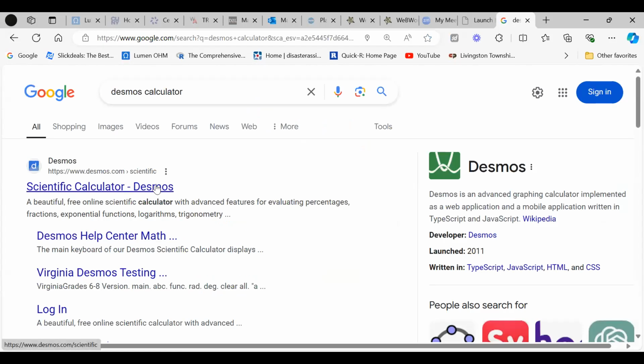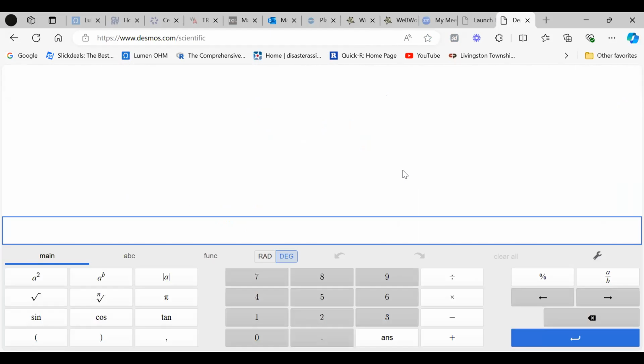So you just click on it, and then here you can type in the numbers: 29,100 times 0.71 to the 6th power.